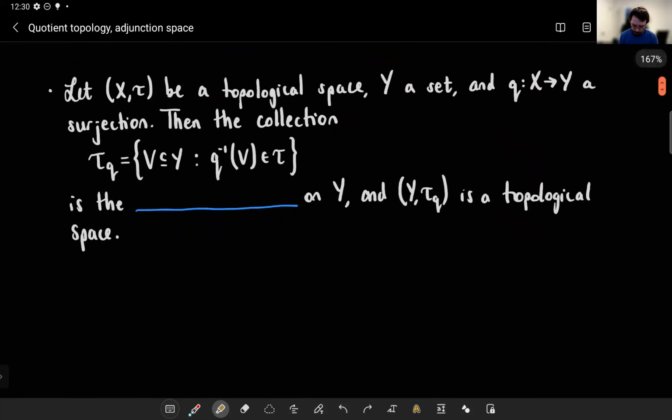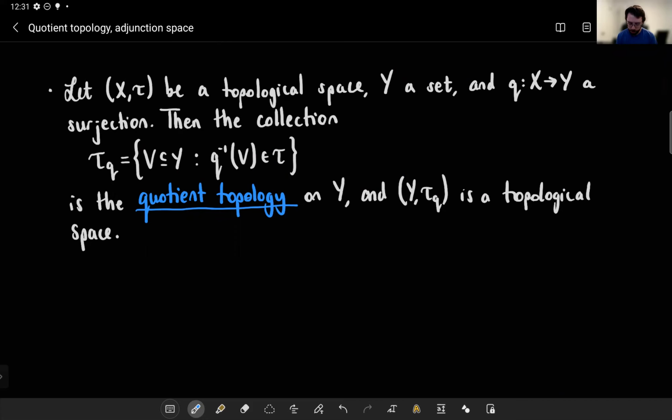When you do this, the collection tau sub Q is called the quotient topology on Y. And the quotient topology has a number of nice properties, but mostly we'll just work through some nice visual examples and see how this works out.